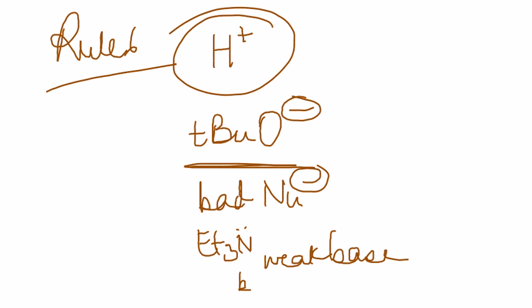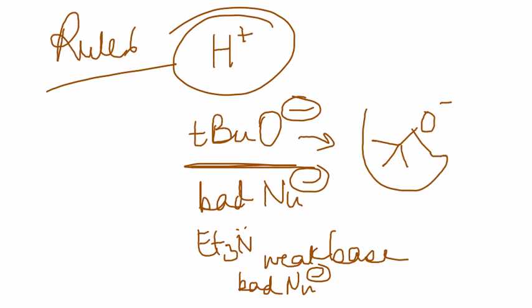The t-butoxide is a good base, but a bad nucleophile. It's a bad nucleophile because it's bulky. You have a very big bulky group attached to the oxygen with a negative charge, but you call it a fairly good base because of the negative charge. In the case of triethylamine, you have a lone pair, you have no negative charge there, and the ethyl groups make it bulky, so it's a bad nucleophile in that sense.